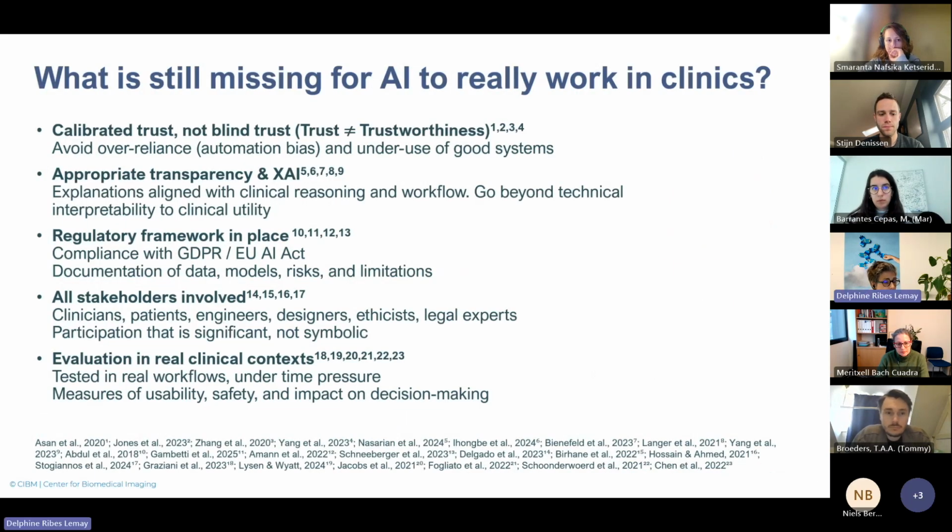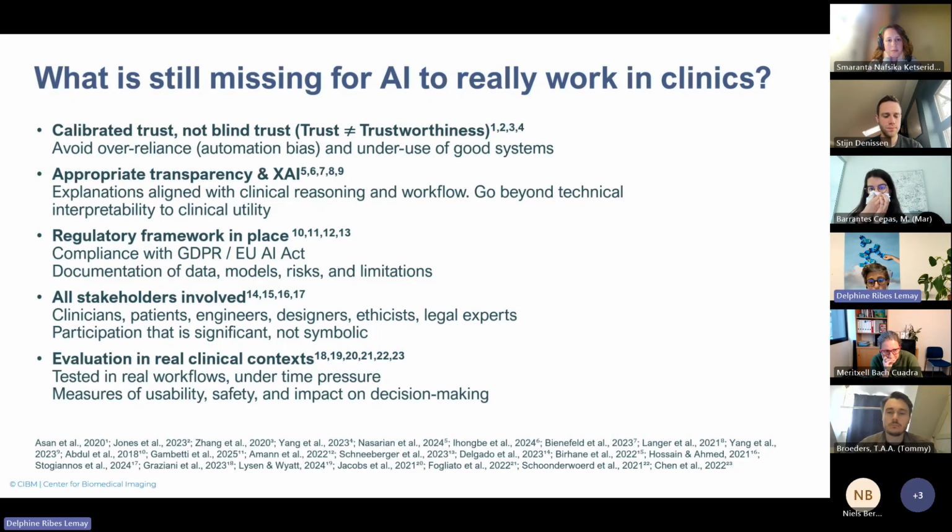So from that, we started by looking at what exists in the literature. When we talk about bringing AI into clinics, the literature is quite clear: performance is not enough. There are still some key pieces missing. For example, and Mary mentioned it already, we need to implement something called calibrated trust.